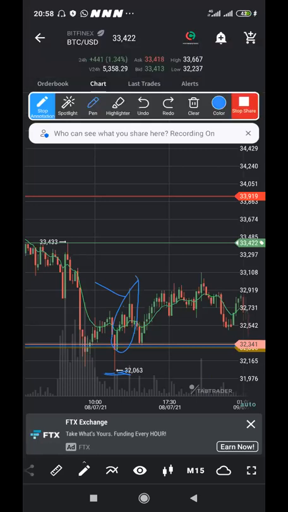An uptrend consists of what? Higher low one, higher high one, higher low two. Then when it forms higher high two, you now look for your entry position.